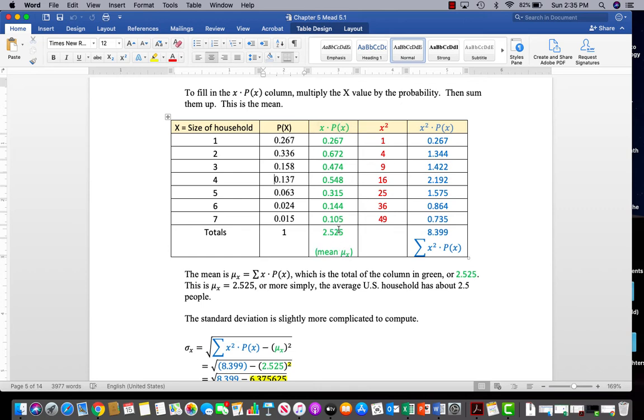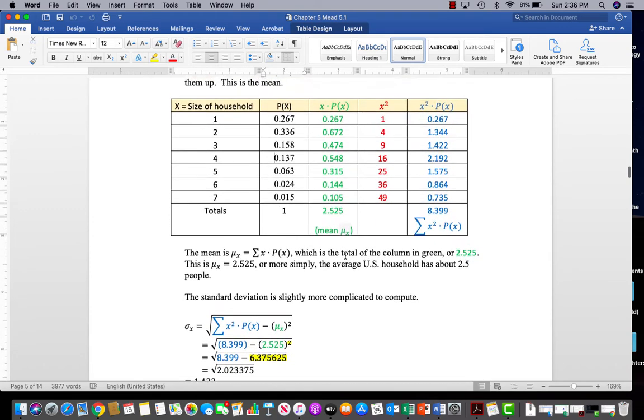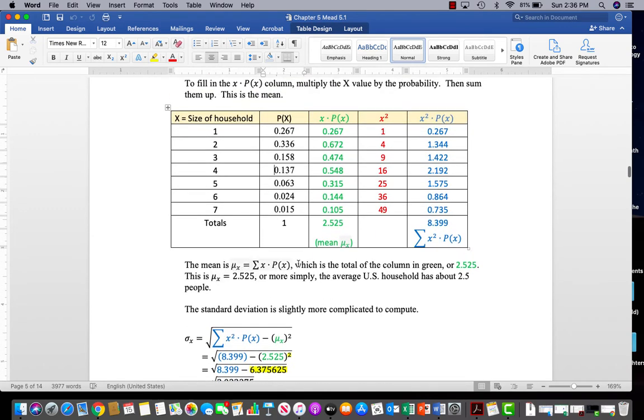So I make this green column right here, and I multiply each x value times its probability. 2 times 0.336, for example, is 0.672. Then I total these all up and I get 2.525. And that's the mean.